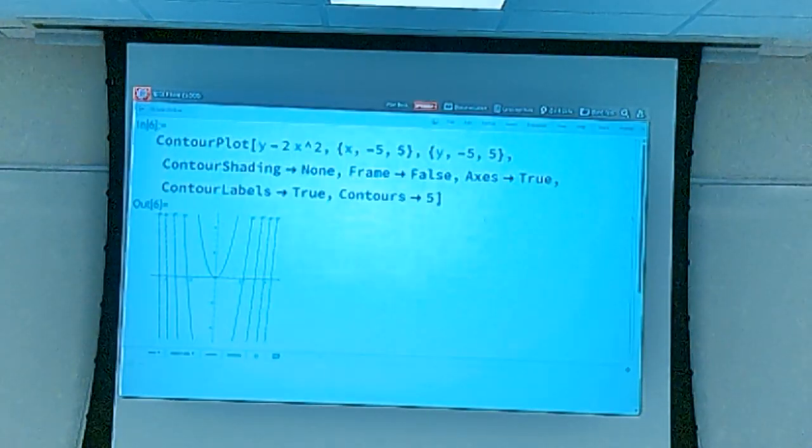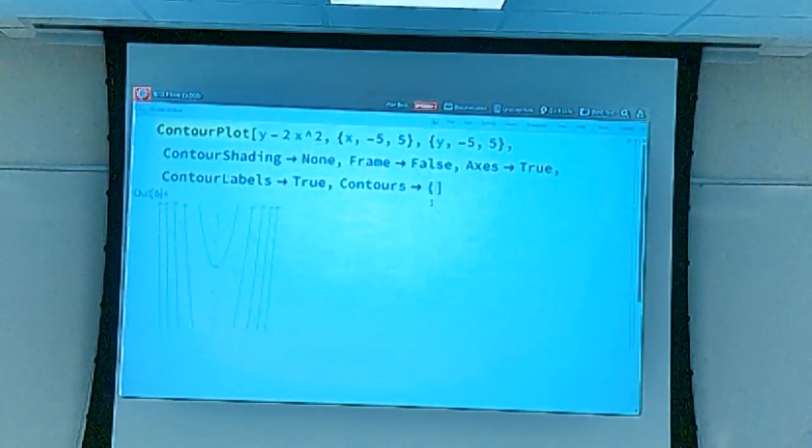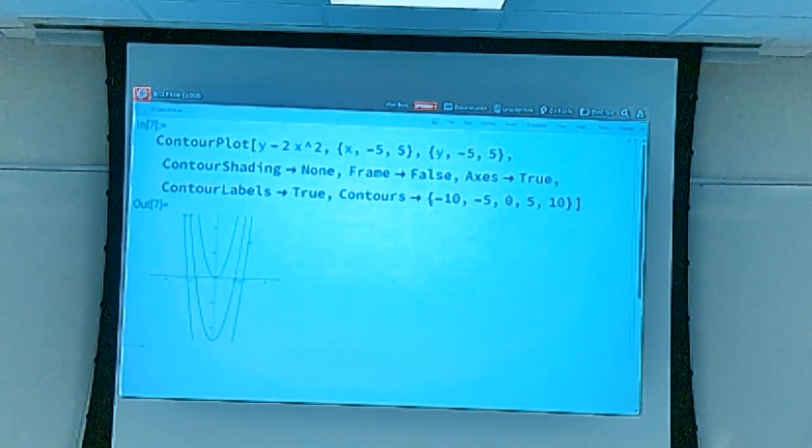Let's try and do this. -10, -5, 0, 5, 10. Let's see what that would give us. So there are no positive contours, which is a shame.